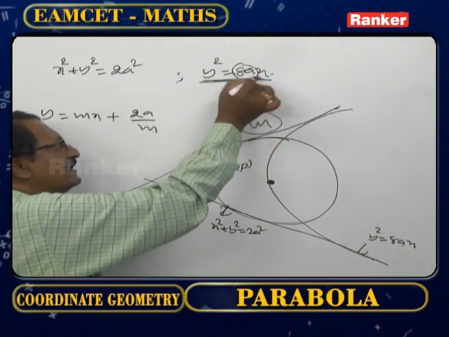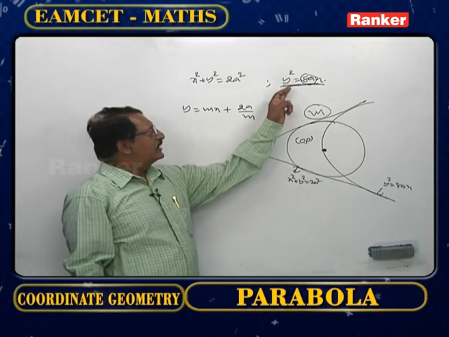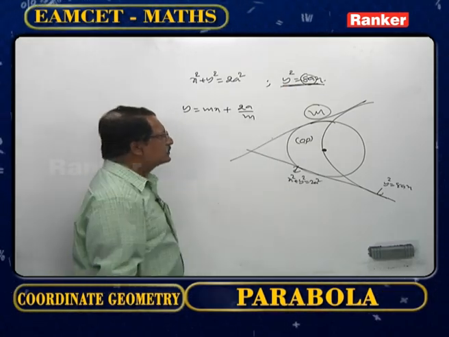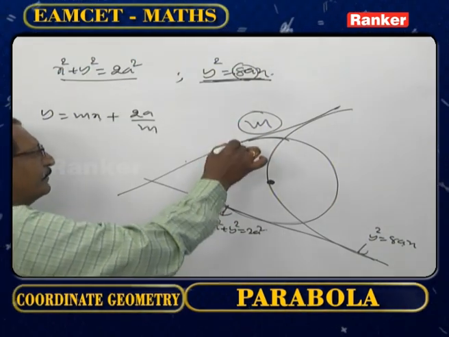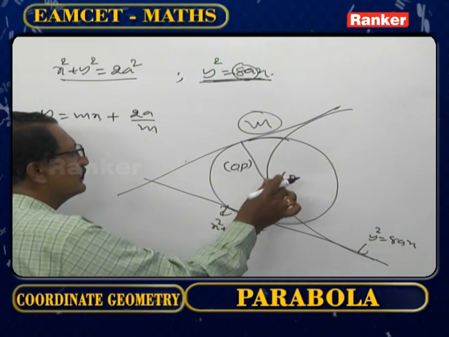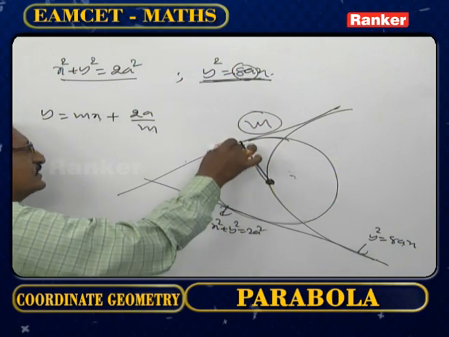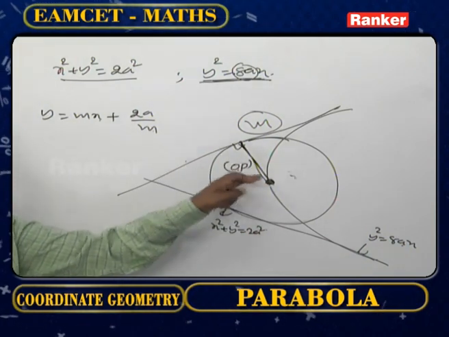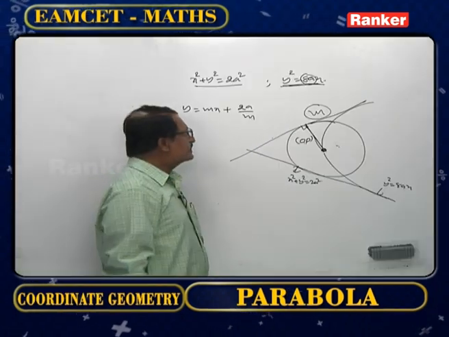This line is always tangent to the parabola y square equals 8ax in the slope form, but it is also tangent to the given circle. Then the perpendicular distance from the center of the circle, 0 comma 0, to the line must equal the radius of the circle.